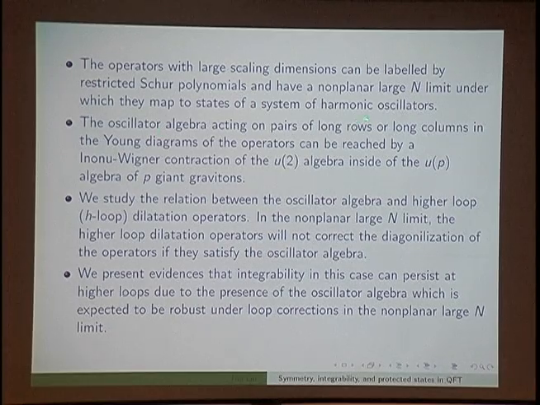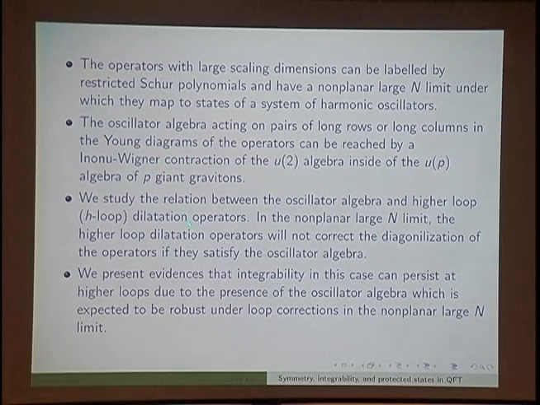And because the system is a system of harmonic oscillators, there is an underlying harmonic oscillator algebra. And this oscillator algebra acts on a pair of long rows of the Young diagram, because operators are labeled by Young diagrams. When we look at the Young diagram, we can look at the action of the algebra on a pair of long rows.